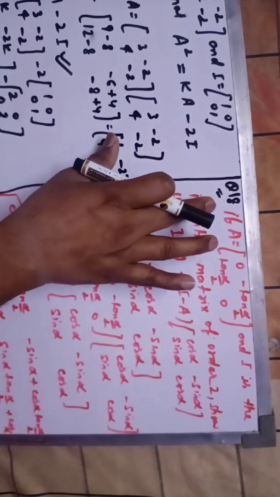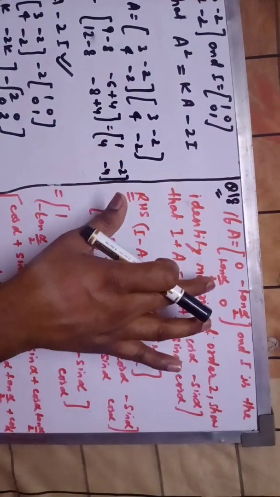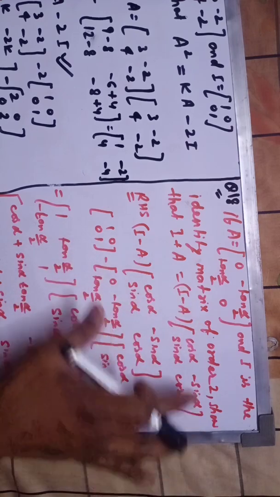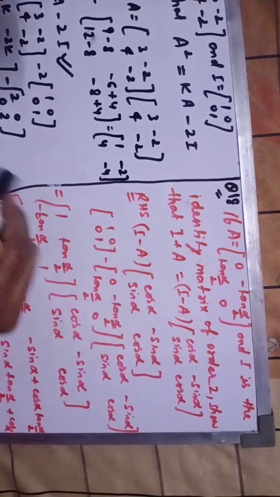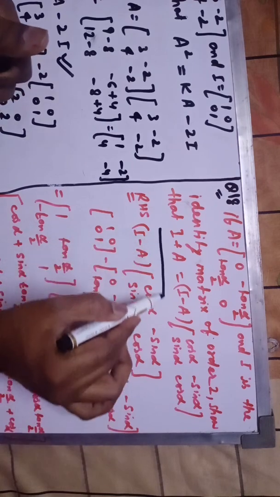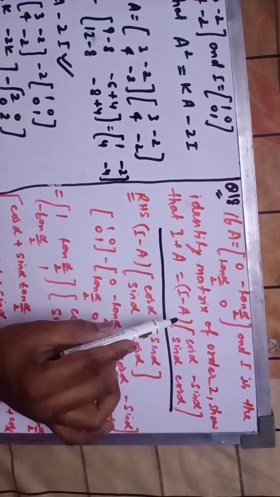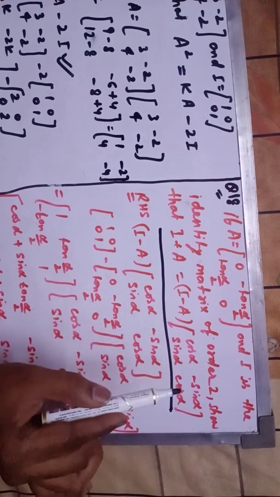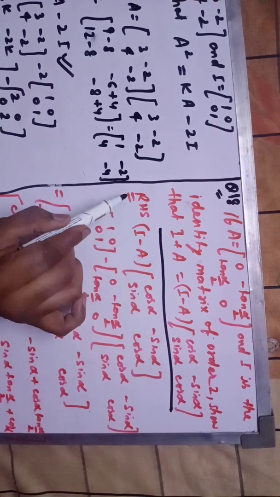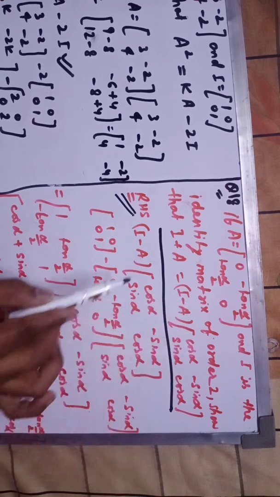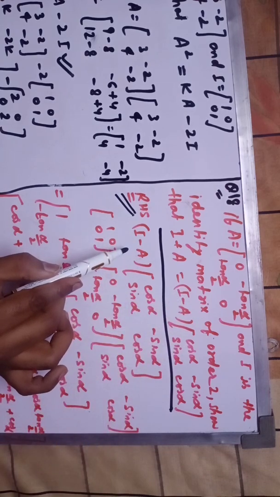Here question number 18 is given. If A is equal to this matrix and I is the identity matrix of order 2, show that I plus A is equal to I minus A times this matrix. This is the equation which you have to prove. So what I am doing is taking the right hand side of this equation, like this one. Here I have written it.